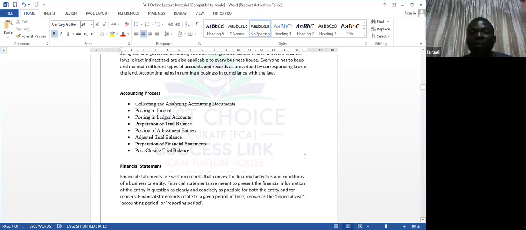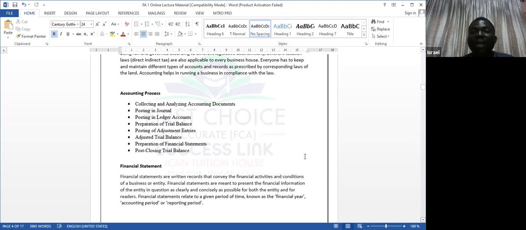Now, the next one is posting in journals. What do you understand by posting in journals? Posting in journals is recording transactions on a daily basis. And what is a journal? Journals are books of prime entry.